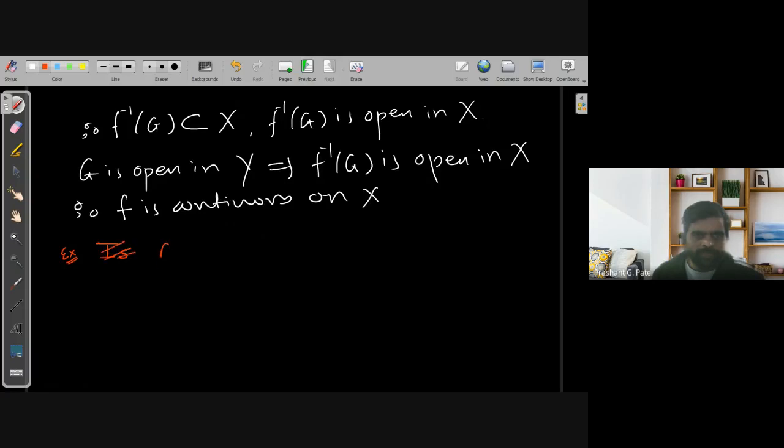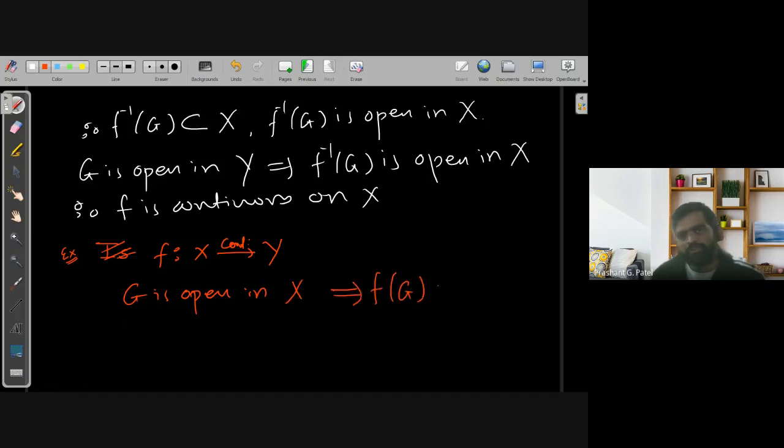Or I can say, if F is continuous from X to Y, so it is a continuous function, and if G is open in X, will it imply F of G is open in Y? So this is a question I'm asking you. Will this be true?